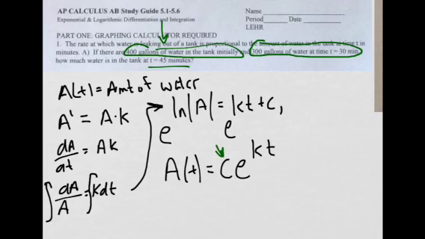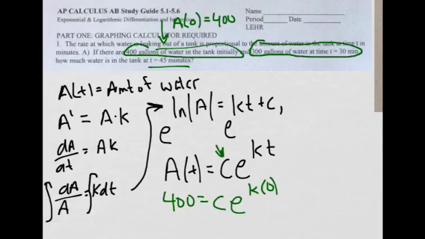So what this that I arrowed says is that A of 0 is equal to 400. So what I can do is 400 equals C times e to the K times 0. Notice this is e to the 0, and then that e to the 0 is just 1. So this guy is 1, which tells me that C is equal to 400.